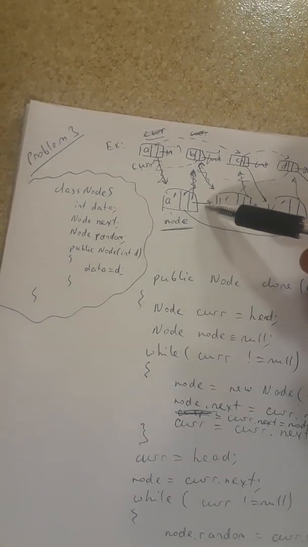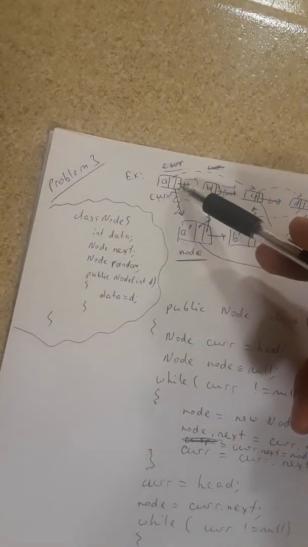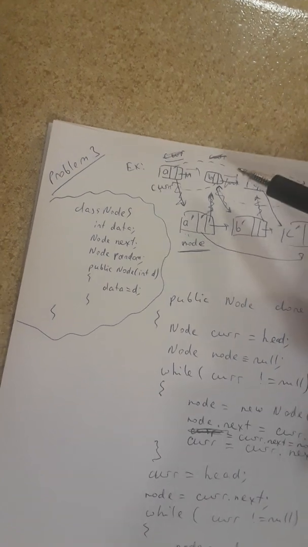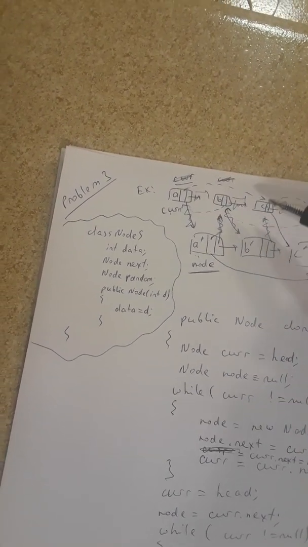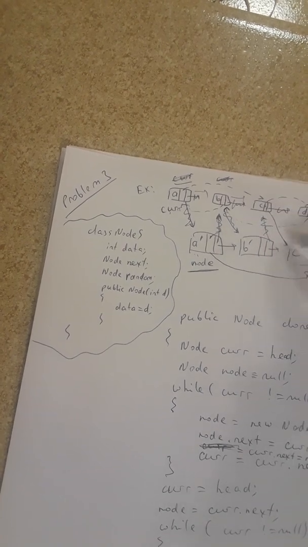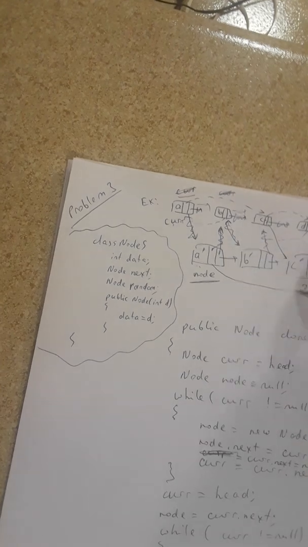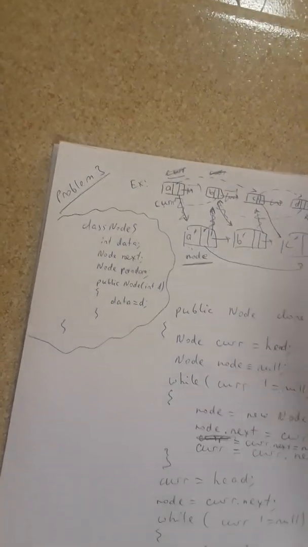So the next pointers of the original nodes will be pointing to each other according to the previous order, and the newly created linked list's cloned nodes will point to each other.